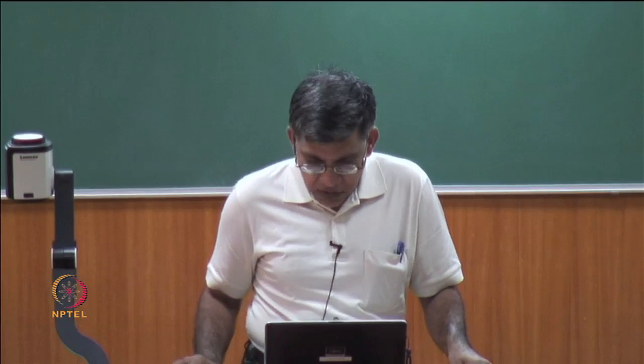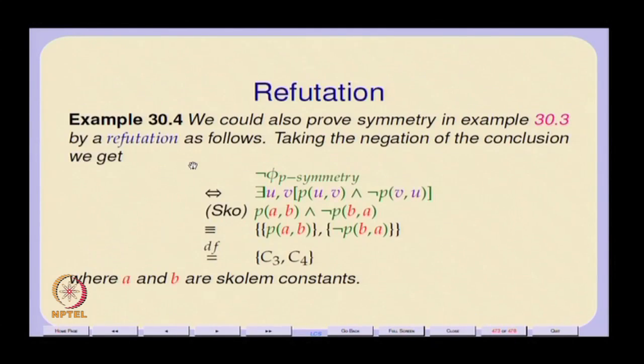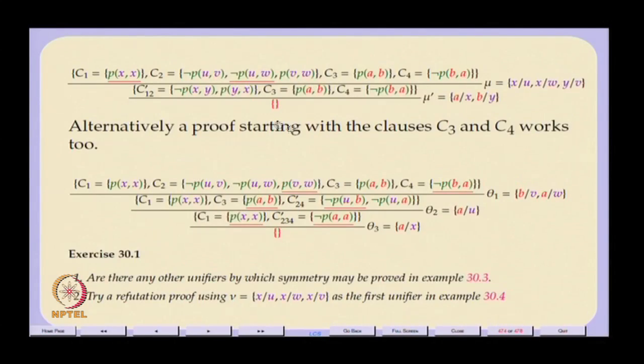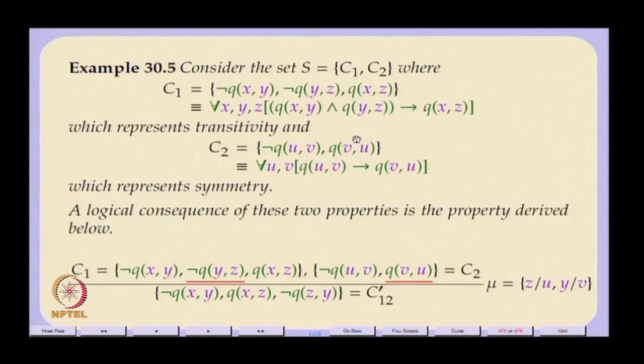Yeah. And once you do that, you will actually get a fairly automated and deterministic result. So this is the alternative proof with the clauses C3 and C4.